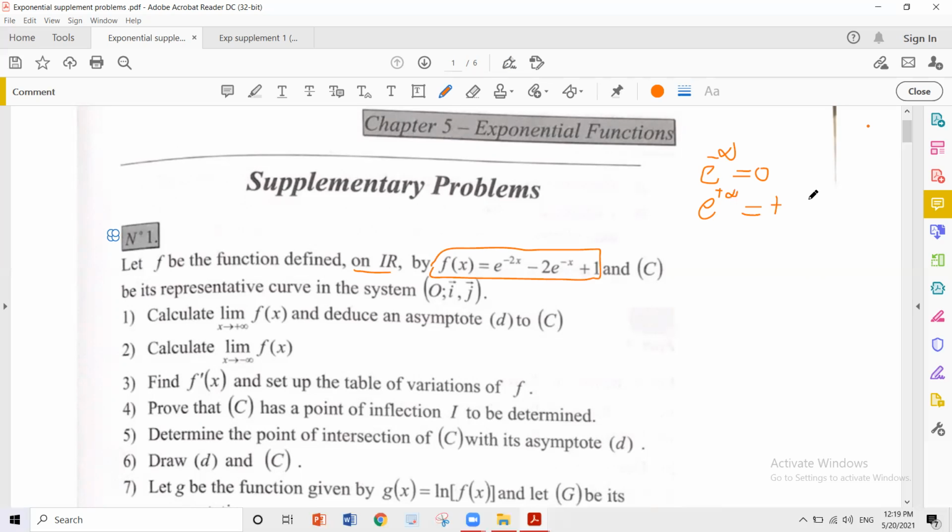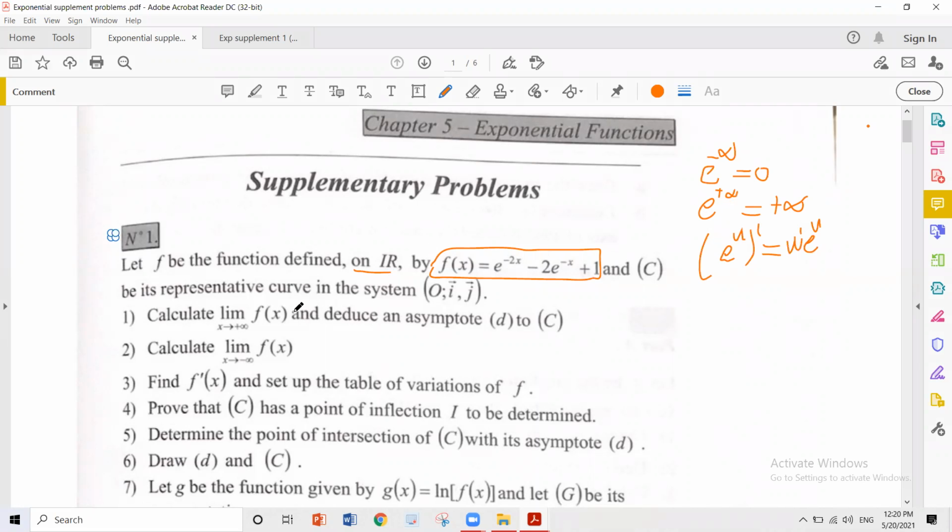What is the derivative of e to the u? It is u prime e to the u. We don't lower the u, we lower the derivative of u: u prime e to the u.